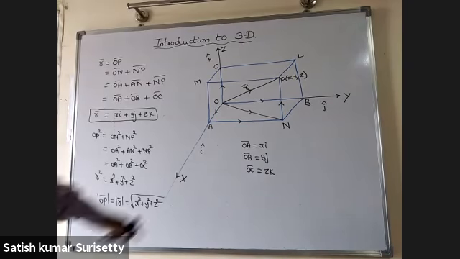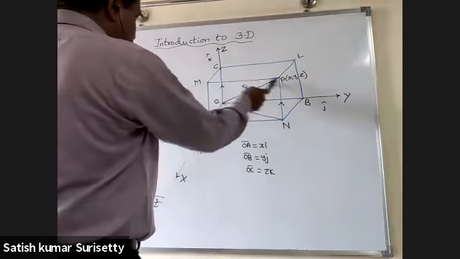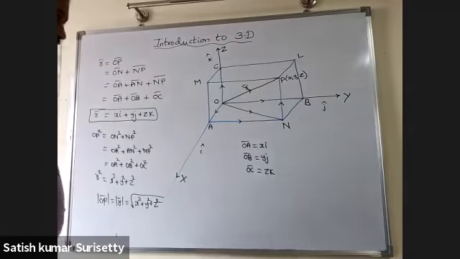Here i cap, j cap, k cap are the unit vectors along x-axis, y-axis and z-axis. P(x, y, z) is any point in space, and PL, PM, PN are drawn perpendicular to YZ, ZX and XY planes.